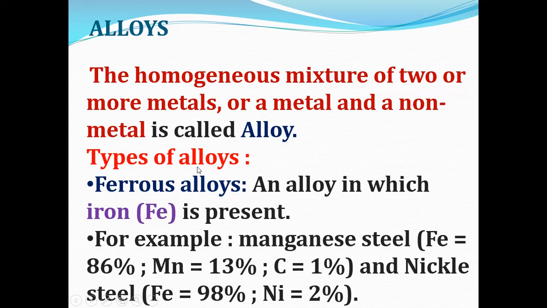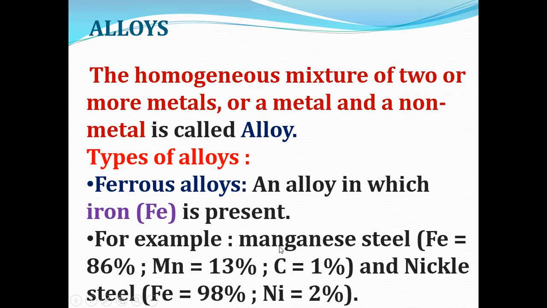Types of alloys. First type is ferrous alloy. The word itself tells you these alloys contain what? Iron. An alloy in which iron is present. For example, manganese steel.